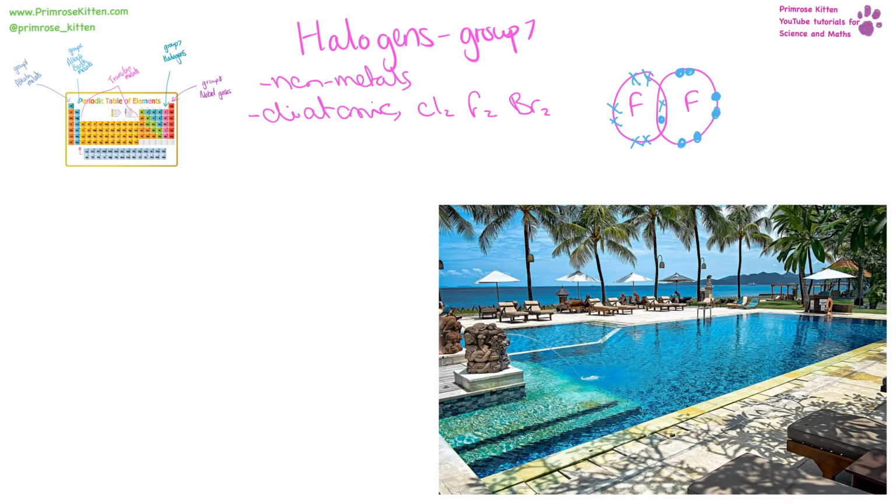Because they only want to gain one electron, a nice easy way for them to do that is sharing an electron with something else that is the same. So fluorine here can easily gain an extra electron by sharing it with another fluorine. They are highly reactive because they only want to gain one electron. And the most reactive ones are going to be at the top.